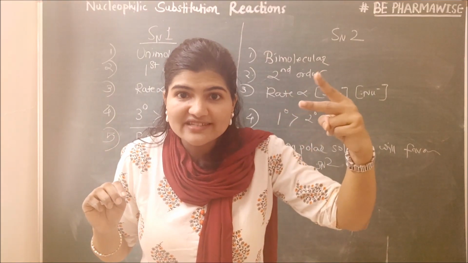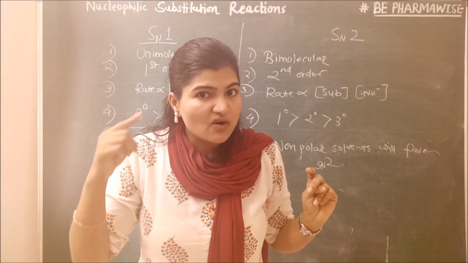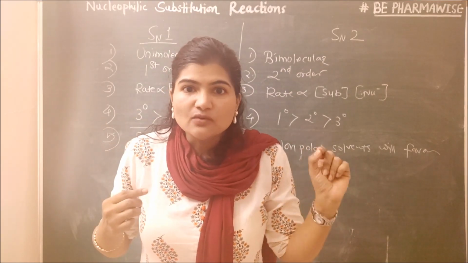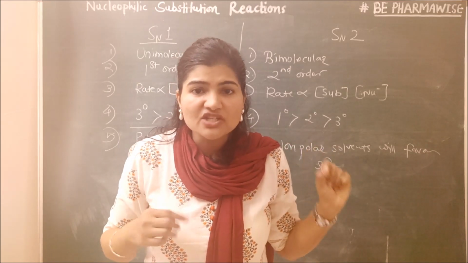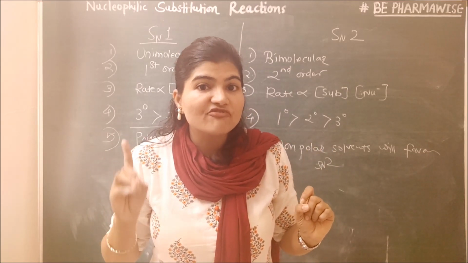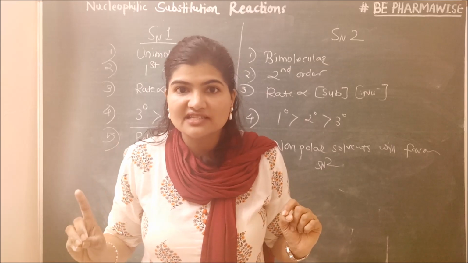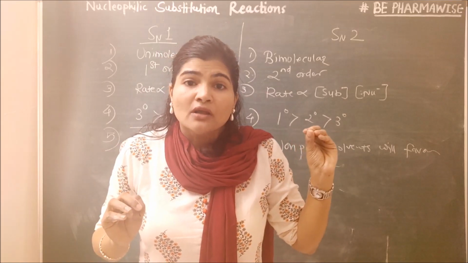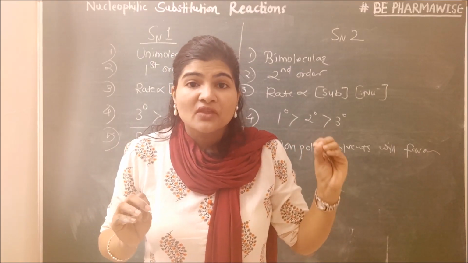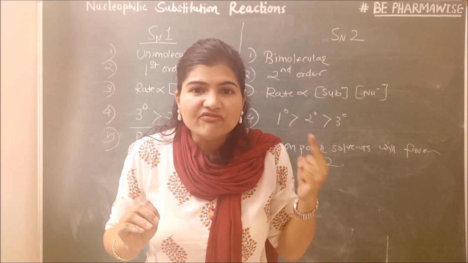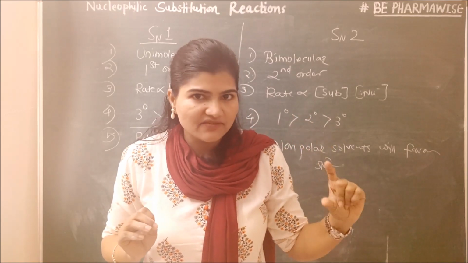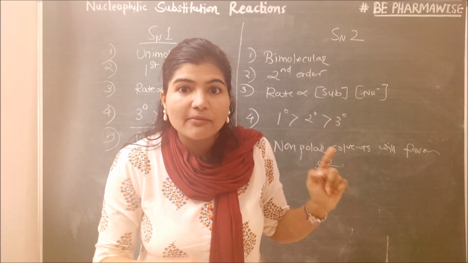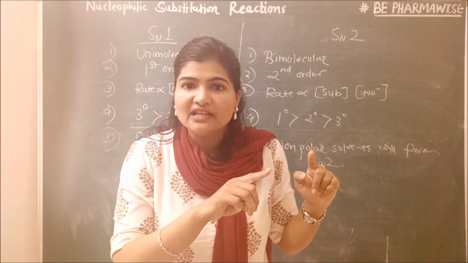SN1 is a two-step reaction. SN2 is a one-step process. SN1 example is hydrolysis of tertiary butyl bromide using aqueous NaOH. SN2 hydrolysis of methyl bromide using aqueous NaOH. SN1 is a two-step process where in first step ion will be formed. A carbonium ion will be formed which will be attacked by the nucleophile.